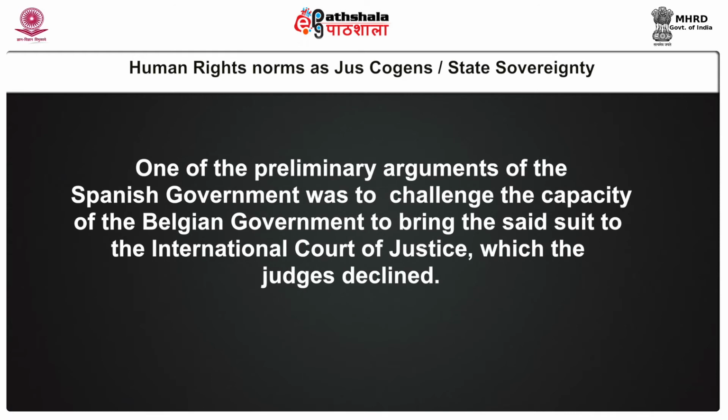One of the preliminary arguments of the Spanish government was to challenge the capacity of the Belgian government to bring the said suit to the International Court of Justice, which the judges declined to accept.